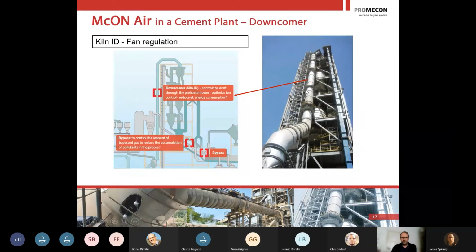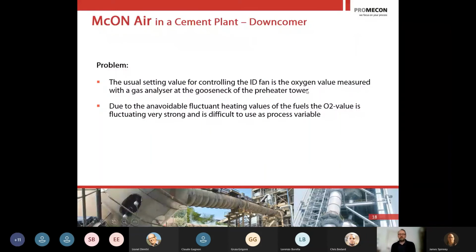And the problem is that the usual control of the furnace is done on the oxygen level, measured at the gooseneck of the preheater tower. So at the exit of the preheater tower, you have your O2 measurement, and with the fluctuating heating values of your fuels, so you're not only firing on coal, you're using alternative fuels.